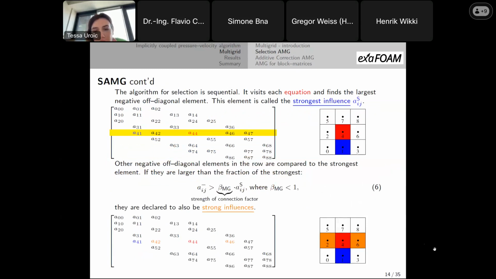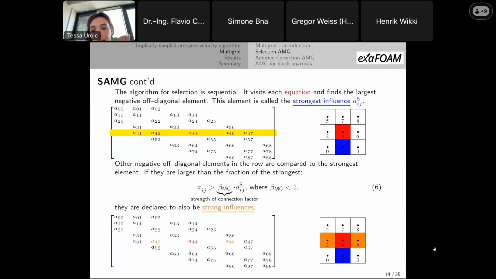So the choice of these equations, which we keep on the coarse level, is done by identifying equations which are the most influential in your linear system. What does that mean? I like to give an illustration in terms of the computational mesh. If there is a cell in the mesh on which a large number of its neighbors is dependent, so their solution depends on its solution.